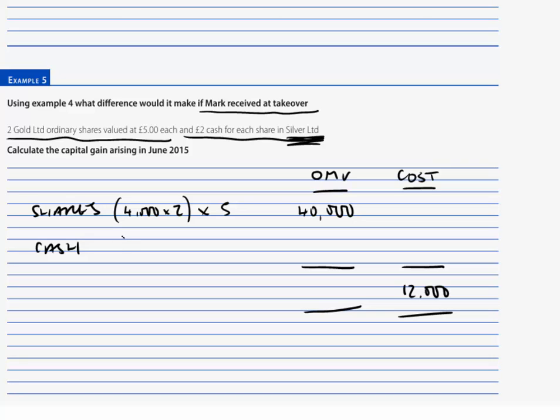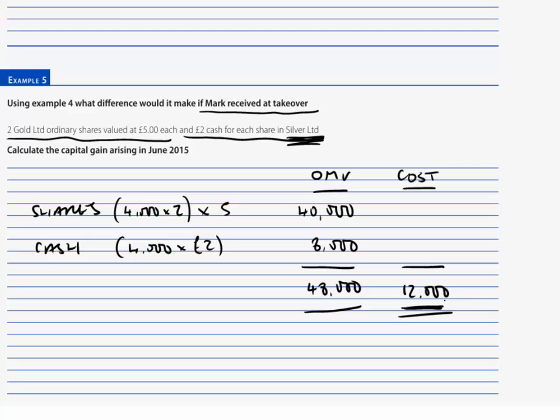In terms of cash, for each share held, 4,000 shares times £2 cash, that therefore is £8,000. The only difference this time is it's cash, previously it was preference shares. Total 48,000.